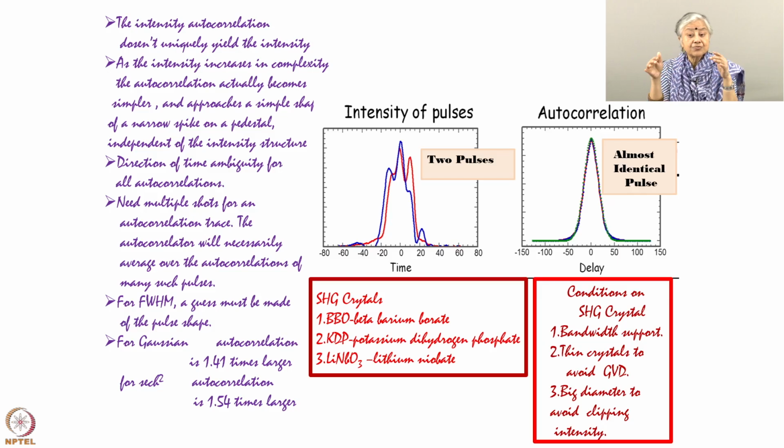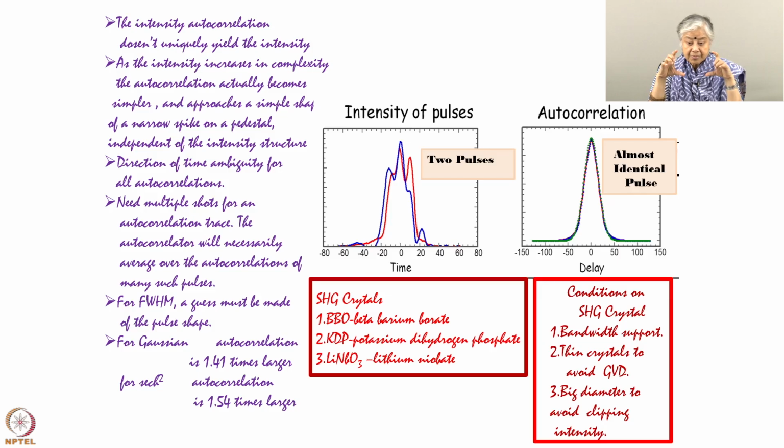So, your estimate of the pulse is also dependent on the thickness of your crystal, so that you avoid the group velocity dispersion that distorts the shape of your pulse. Okay. And also you need to have a big crystal.